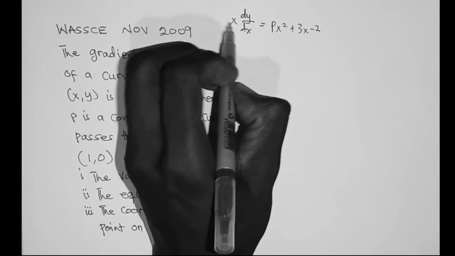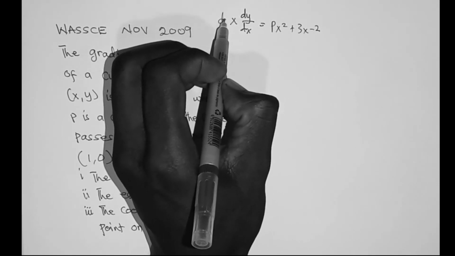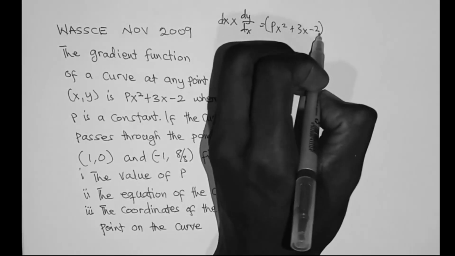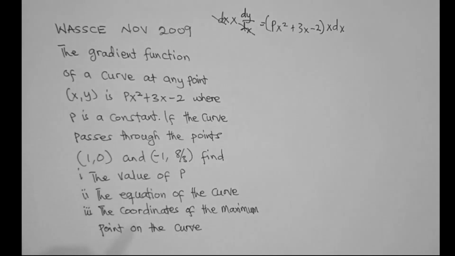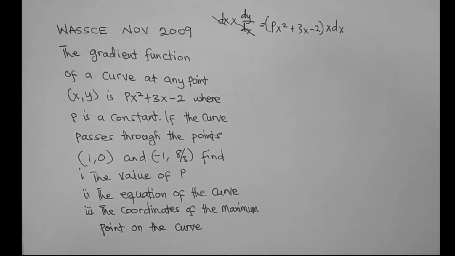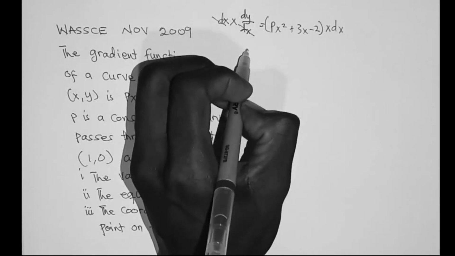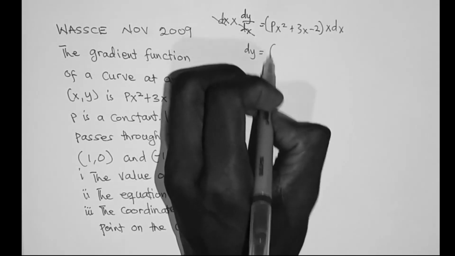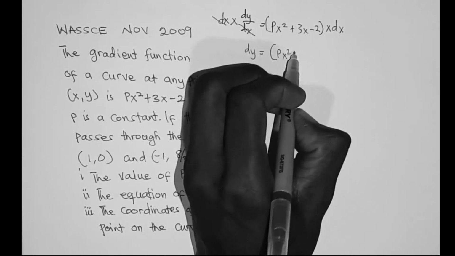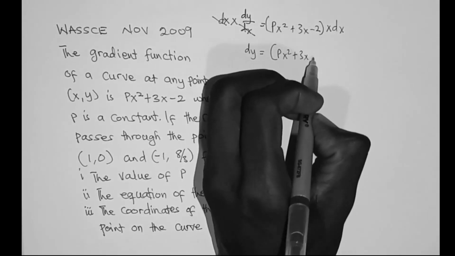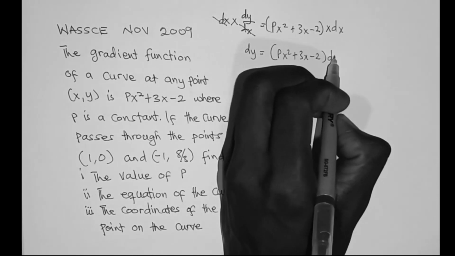As usual, you multiply this side by dx, and then you multiply this portion too by dx. So this dx and dx cancels out, and therefore dy is equal to (px squared plus 3x minus 2) dx.